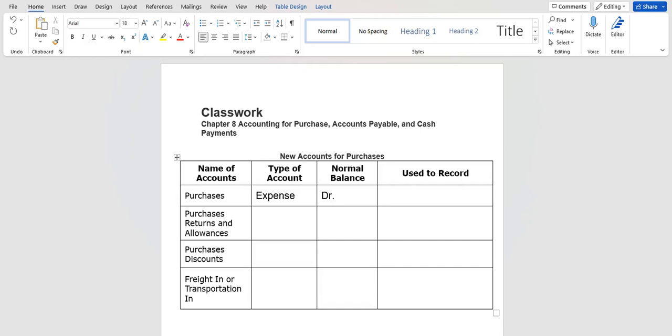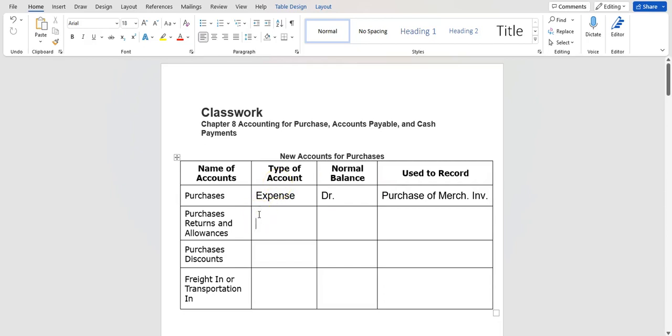And you want to remember that a normal balance is a debit or a credit going to increase this account. Okay, and a debit's going to increase this account. And we use this account to record the purchases of merchandise inventory. Okay, and I'll just be abbreviating these. We kind of went over it in the lecture slides as well.